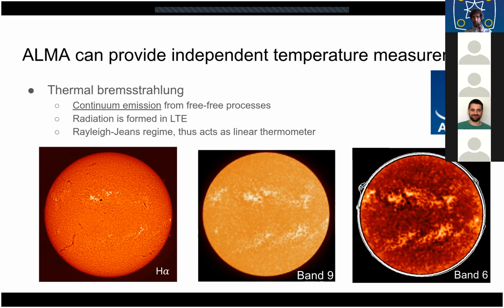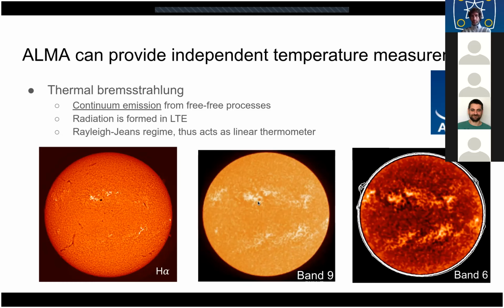It's formed in LTE, so the radiation that we see here is very strongly coupled to the Planck function. And since we're looking in the Rayleigh-Jeans regime, the long tail of the Planck function, this essentially acts as a linear thermometer.